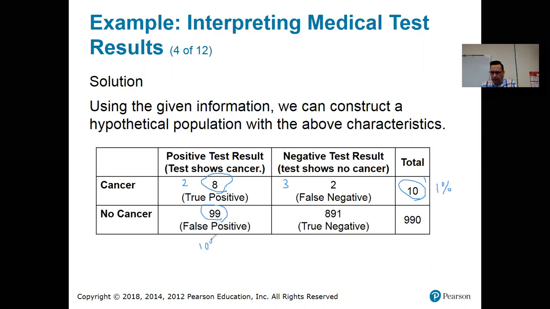That's where that came from, 10% of 990. Okay. All right, so it's kind of like doing a puzzle. They give you the numbers and you just fill out the things that you know based on what they told you, and then you kind of use subtraction to fill in the rest.